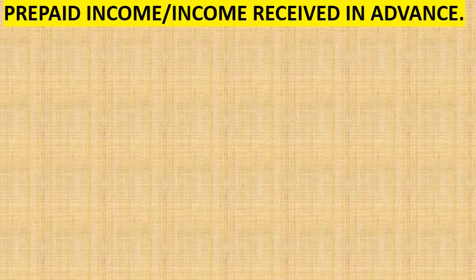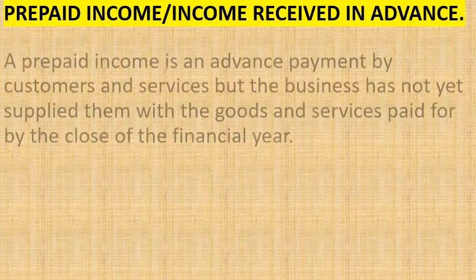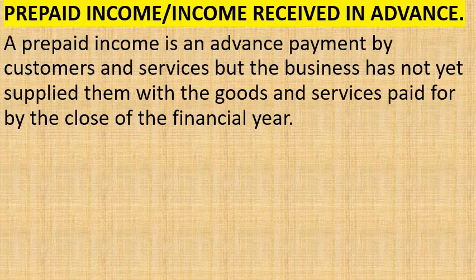And lastly, prepaid income, or income received in advance. Clients come and pay you something in advance, and yet you have not yet supplied them with the goods or the service. So what happens to such changes?